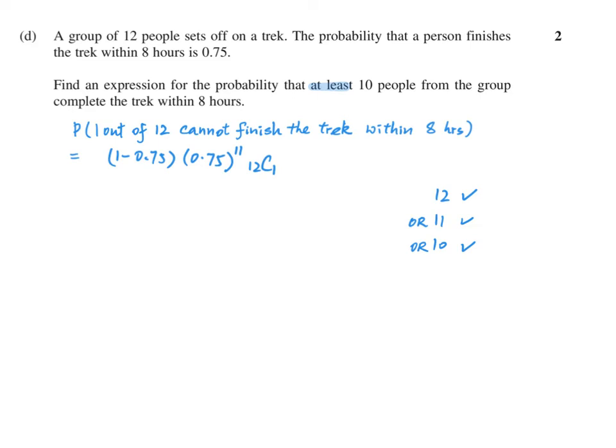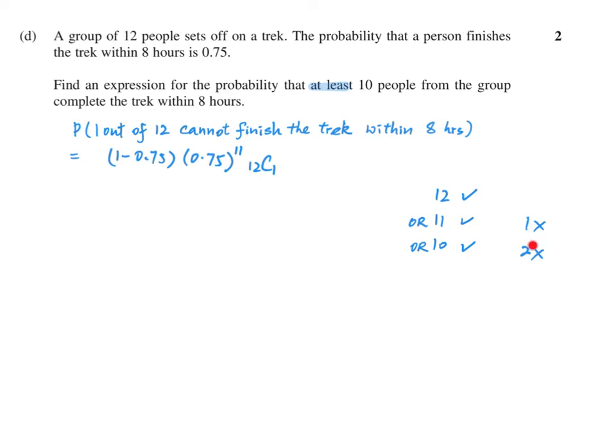For 11 people who can complete, we have one who cannot finish within 8 hours. And 10 people who can complete means we have 2 people who cannot complete within 8 hours. And this one, cannot, is this probability.